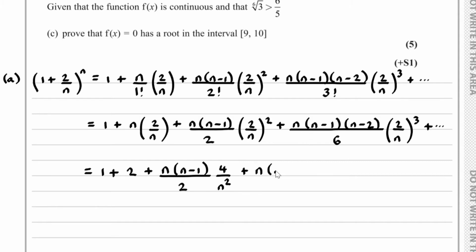So I've got n multiplied by n squared, subtract 3n plus 2, and then I'm going to divide this by 6, and then multiply this by 2 over n cubed, which is the same as multiplying by 8 over n cubed.